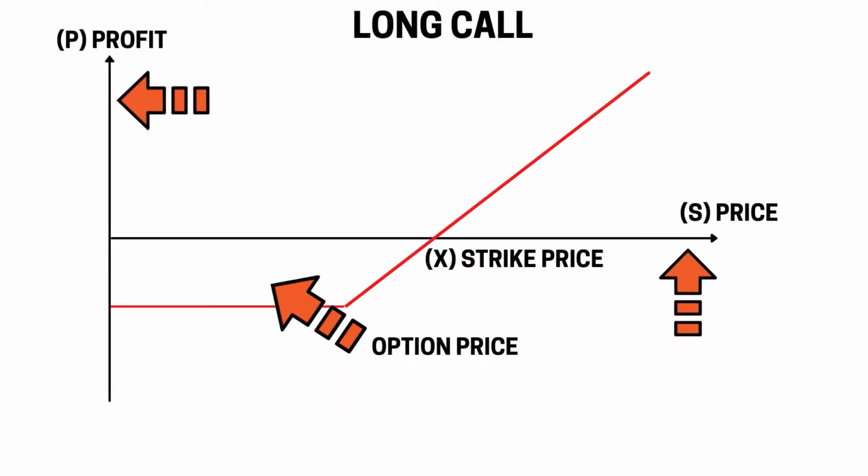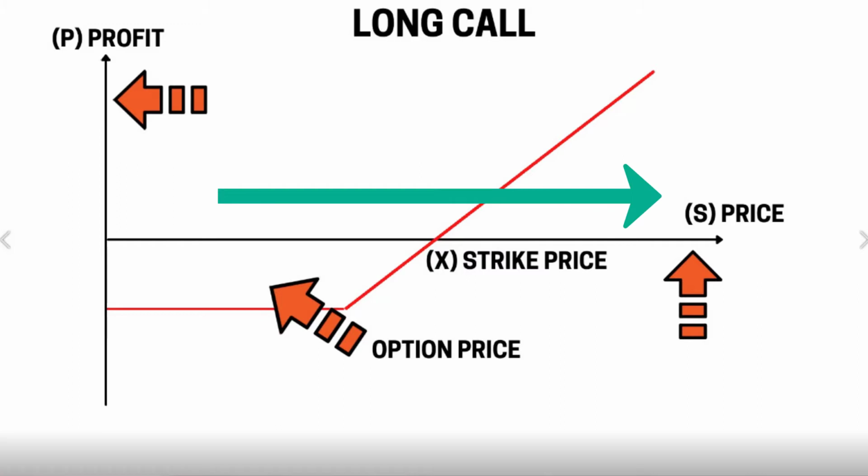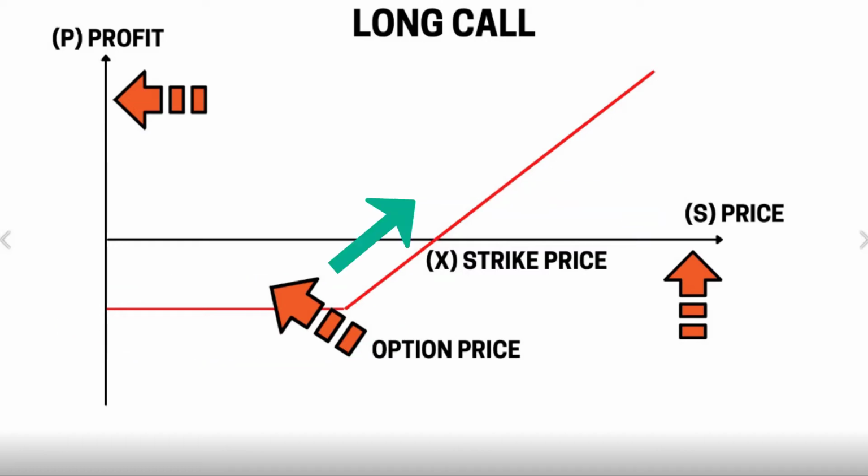So first up is the long call, and this is a bullish point of view, you want the price of, say, the stock like Tesla to be going up. Now on the diagram here you can see that tick shape, that red line. The red line there is the price that you've paid, so you've instantly gone into the negative. But as that slope goes upwards and the price increases, you can see your profit increasing.